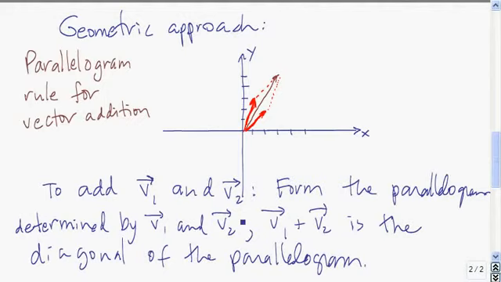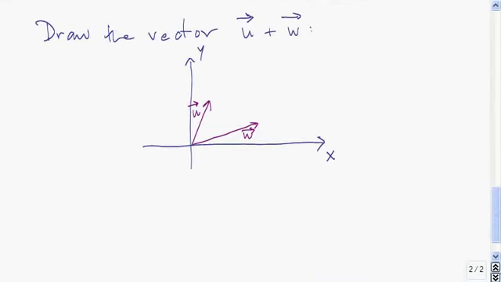Here I've written the instructions for using the parallelogram rule for vector addition. Try this example right here. Draw the vector u plus w using the parallelogram rule. The first thing we do is form the parallelogram by putting w right here and u right here.